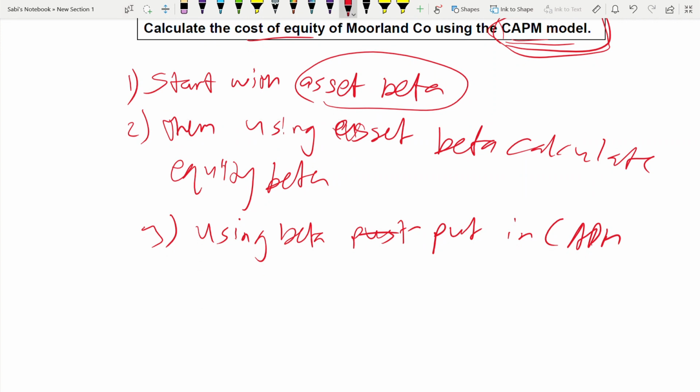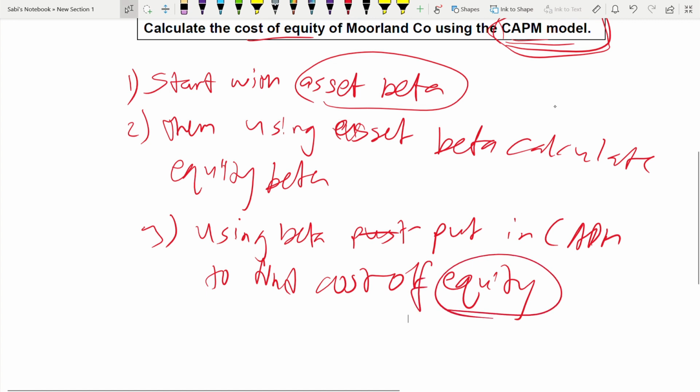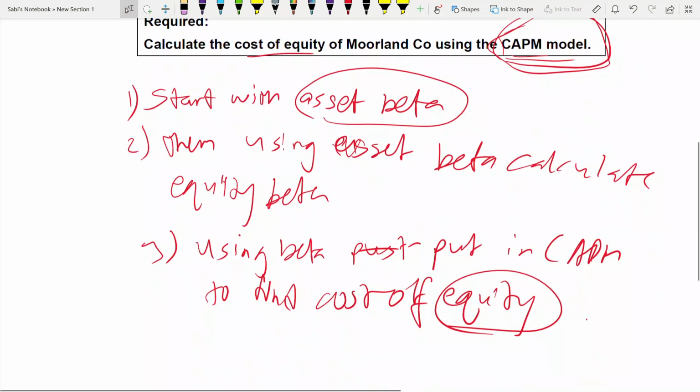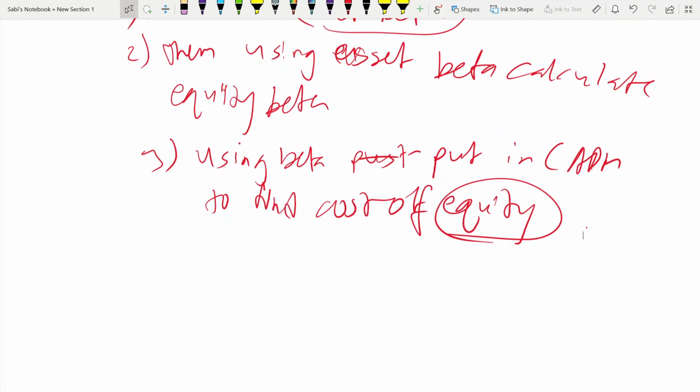Use it in CAPM to find cost of equity. That's it. You need this cost of equity in the WACC calculation, isn't it? These are the three steps. The rest two are easy, steps 2 and 3, because you are just using the formula. But the first one you need to do working. Here you are given two industries. Separately you have to find it for the two industries. So let's start with the retail industry.